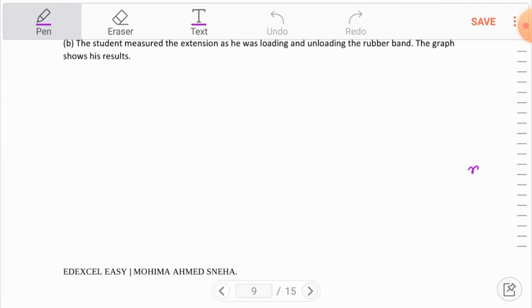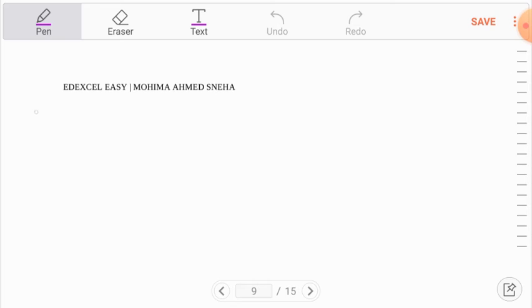Moving to the next page. Add masses onto the mass hanger one at a time, and measure the new length.